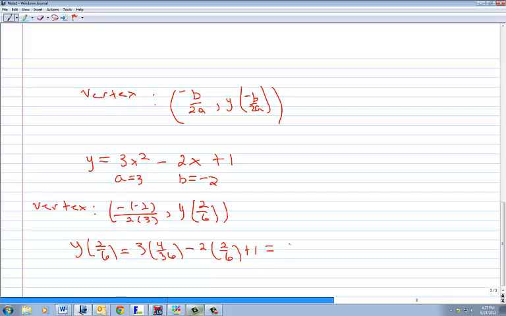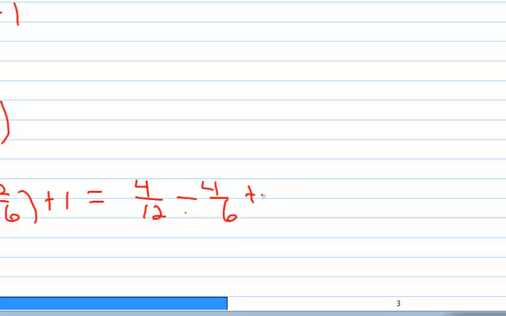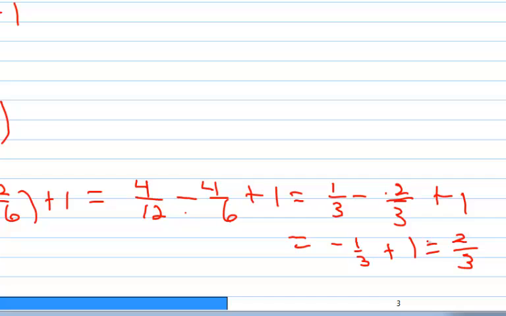That's equal to 4 over 12 minus 4/6 plus 1, which is 1/3 minus 2/3 plus 1, which gives me negative 1/3 plus 1, which is 2/3.